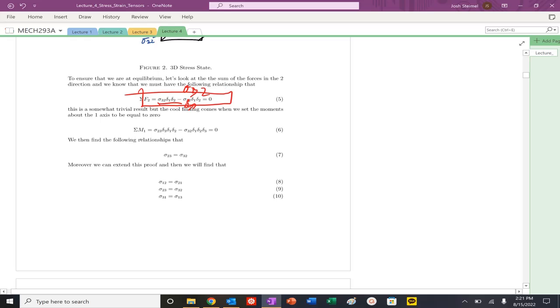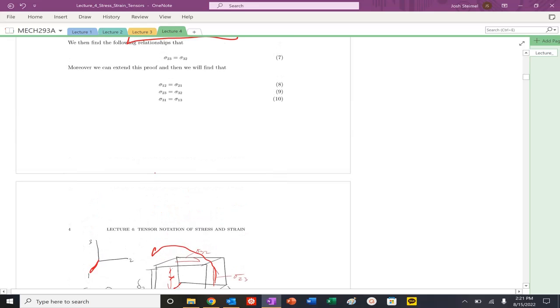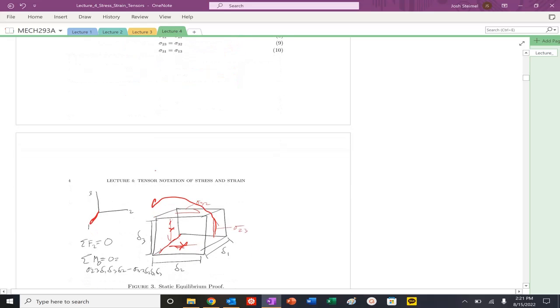But again, we could also take the moment around my 1 axis. So let's look at the moments around that 1 axis. The forces here and here are dead, because they're touching that axis, so there's going to be 0 magnitude there. But if I look at my sigma 2,3, that is going to push me in the counterclockwise direction, so that's going to be positive.